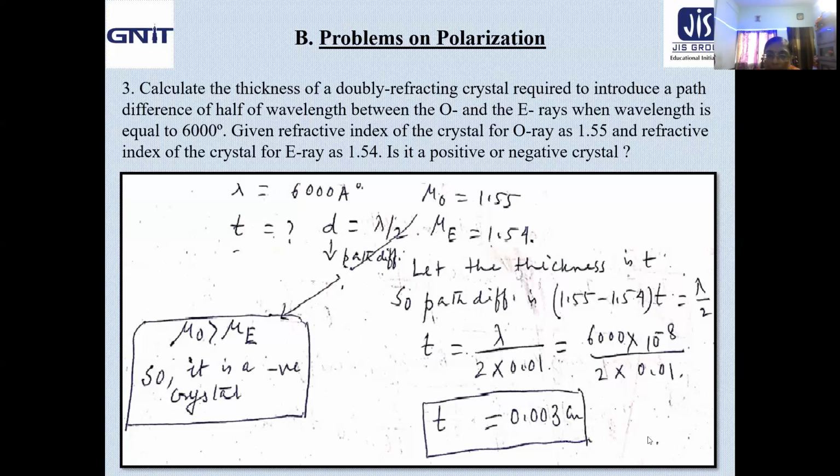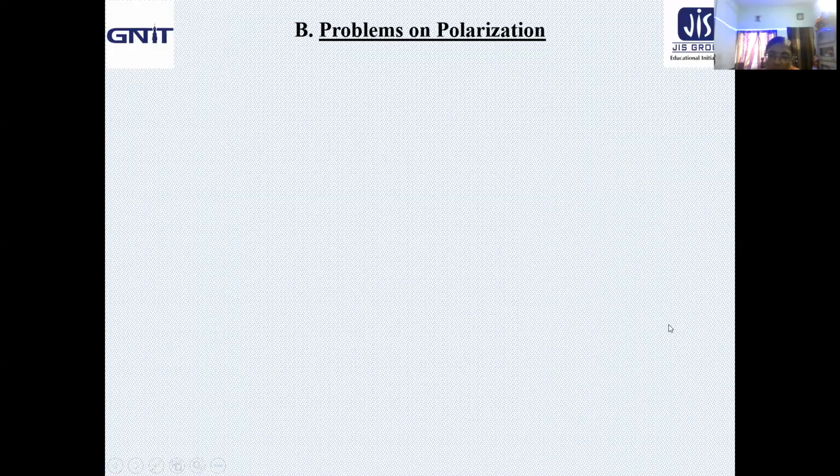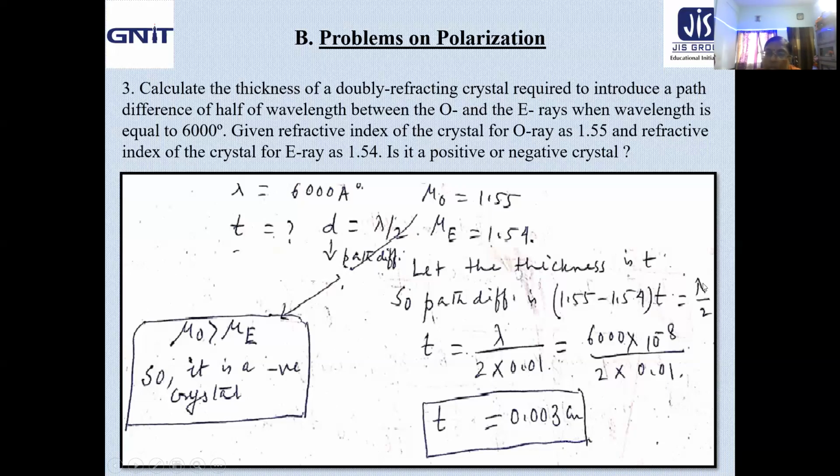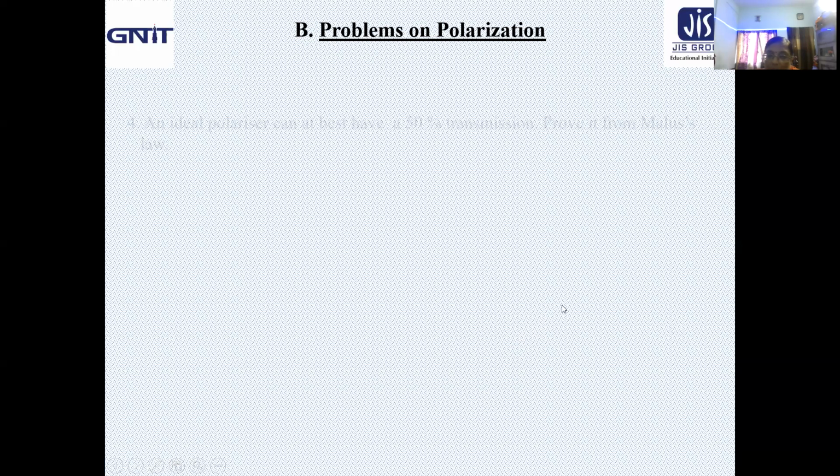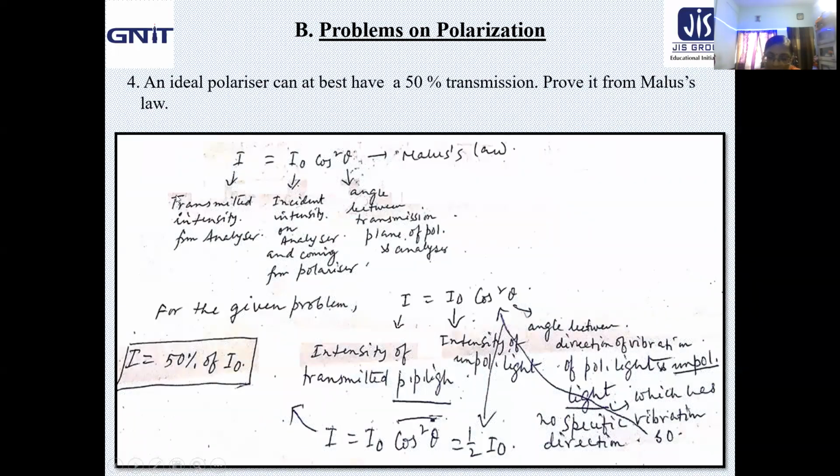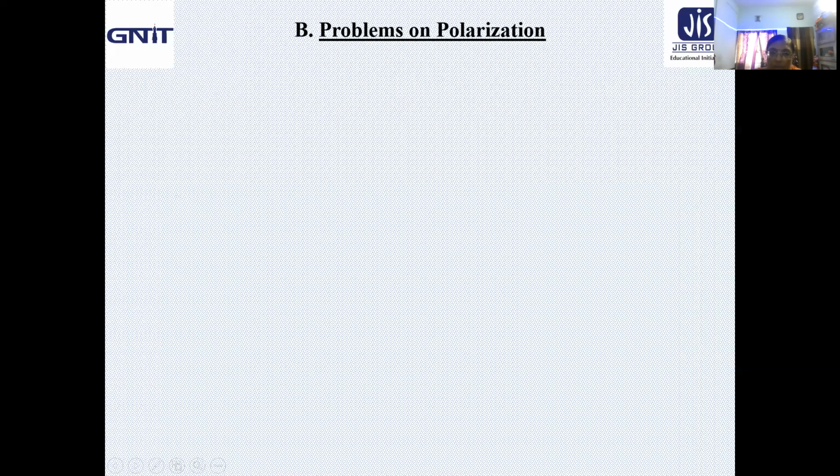So here the path difference will be written as mu O minus mu E into T, and that is equal to lambda by 2. It is given as lambda by 2, half of the wavelength. So the path difference we have written as lambda by 2.